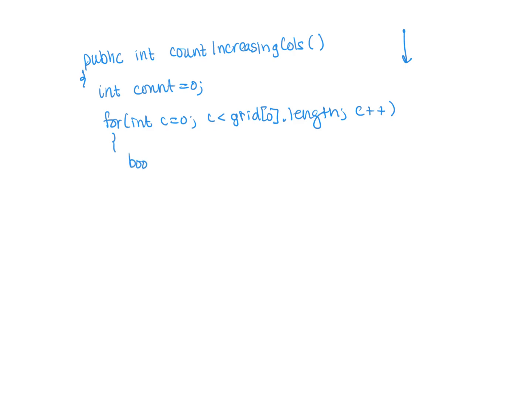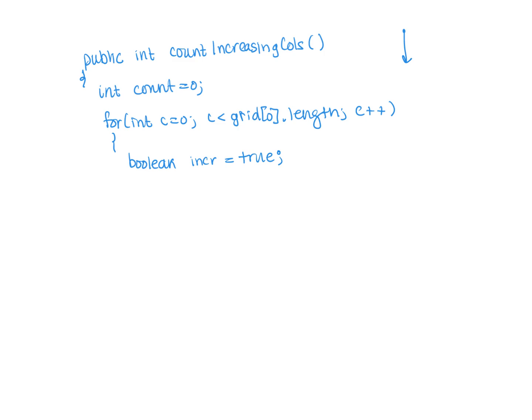So Boolean, I'm just going to say increasing equals true. All we need to find is one place where it's not true. We'll change our Boolean to false. And then once we complete that column before we increment to the next one, we'll deal with our count, and then we'll go back and increase a column.